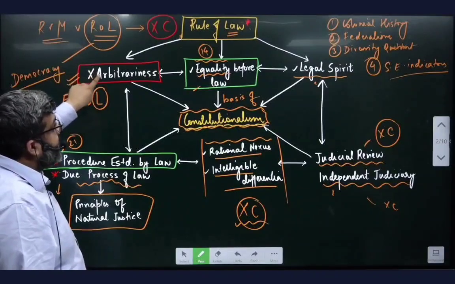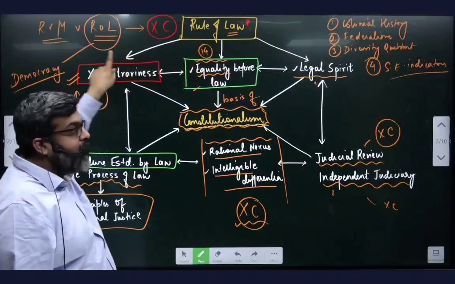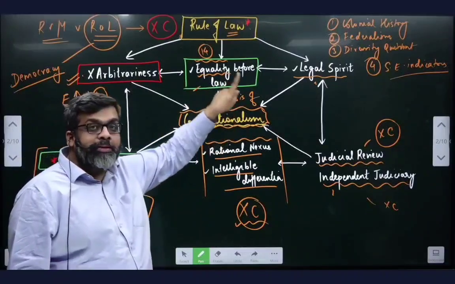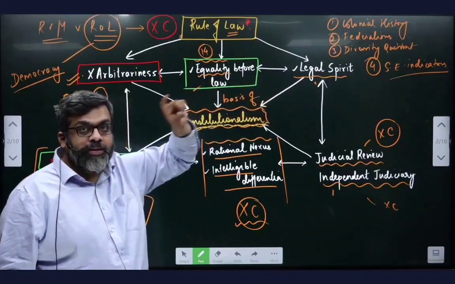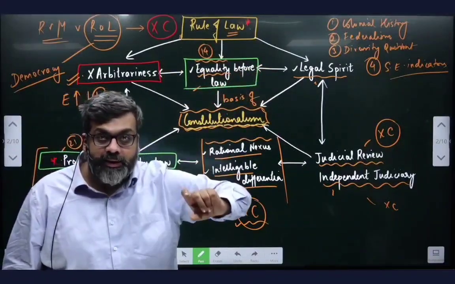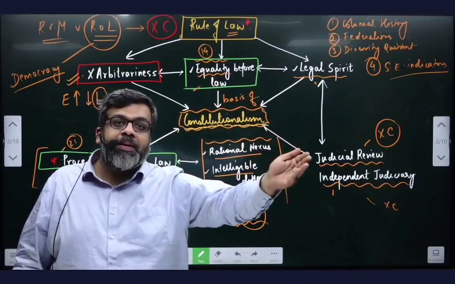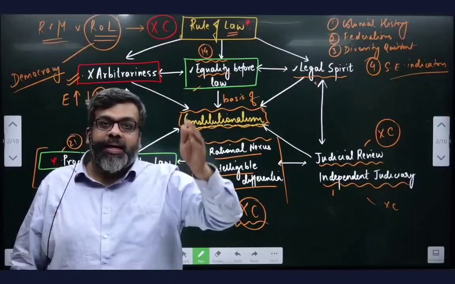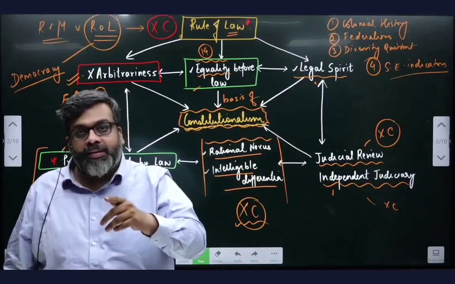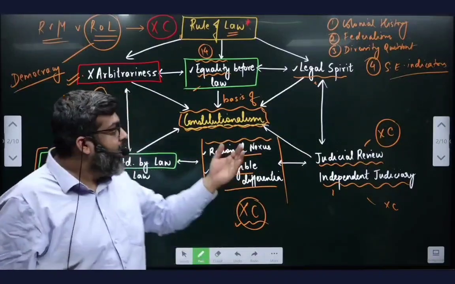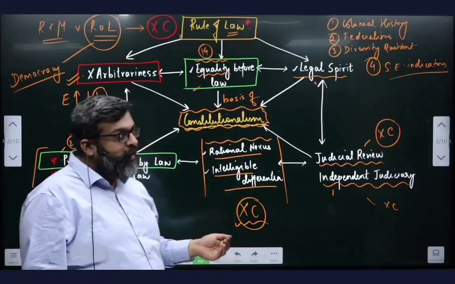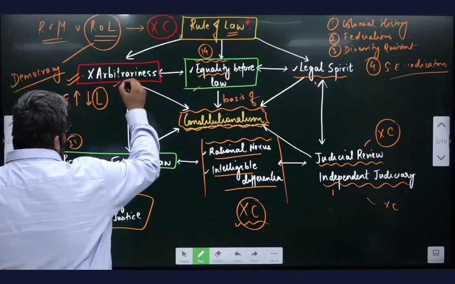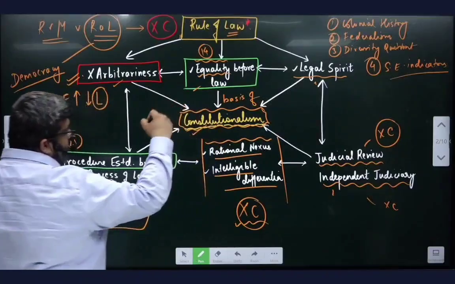And this means that rule of law has a relationship with federalism. And constitutionalism is limiting the powers of the state. The state includes the center and the states. So if I divide powers between the center and the states, what I'm effectively doing is limiting one's power over the other, which is nothing but, again, constitutionalism. So federalism applies to arbitrariness, applies to constitutionalism.